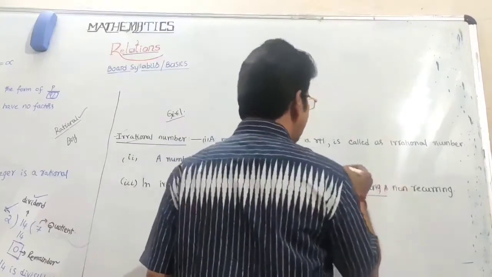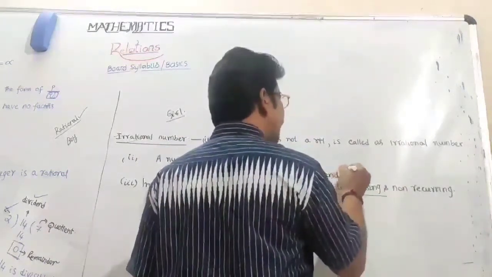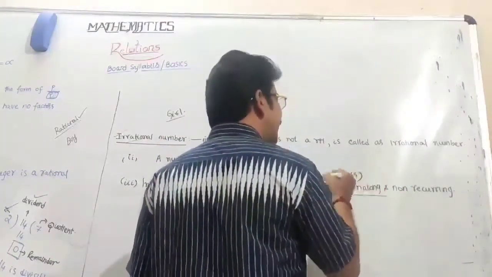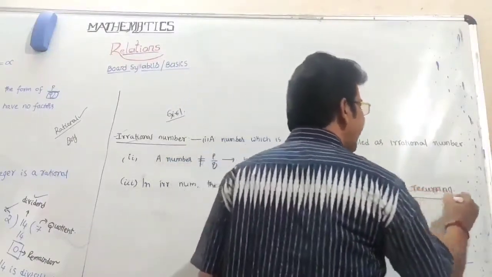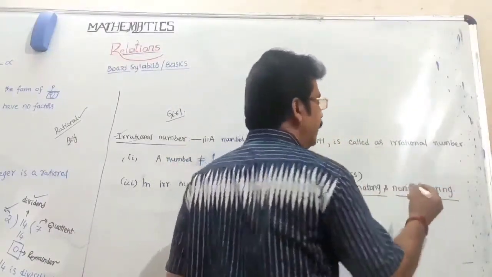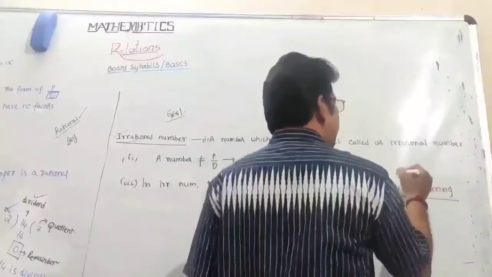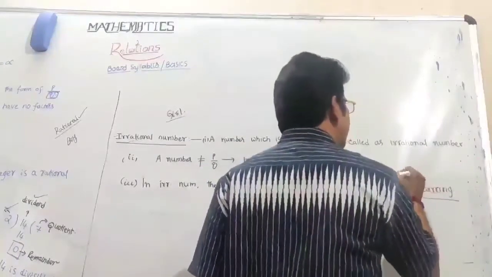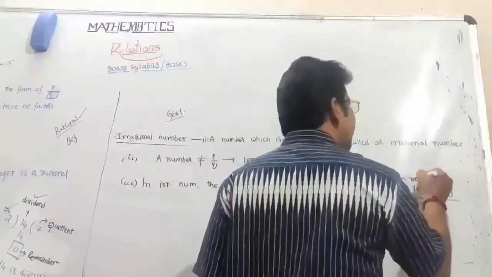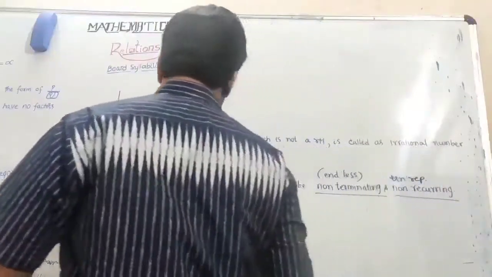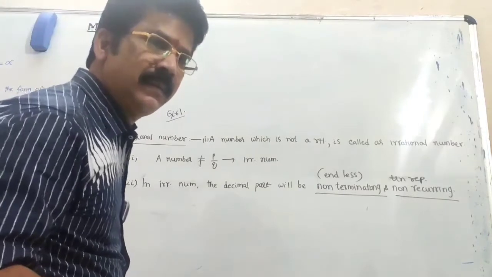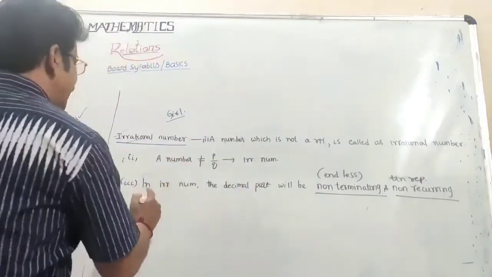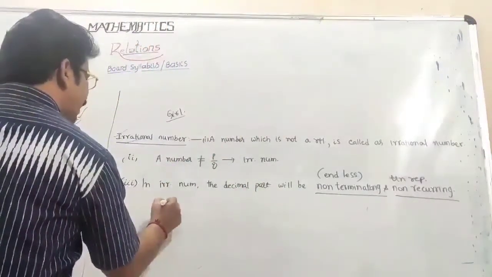Non-terminating means endless. Non-recurring means not repeating, or unrepeating. Did you understand? No. Example, I will take an example.